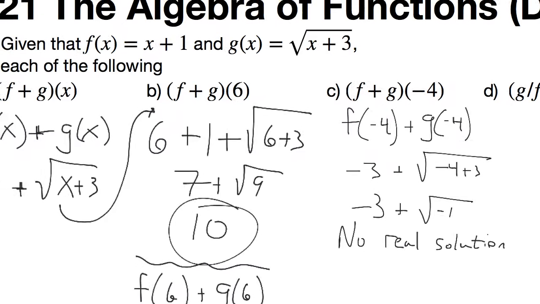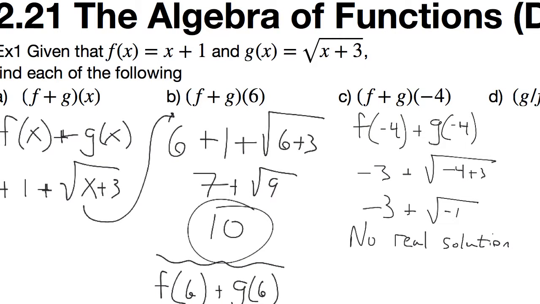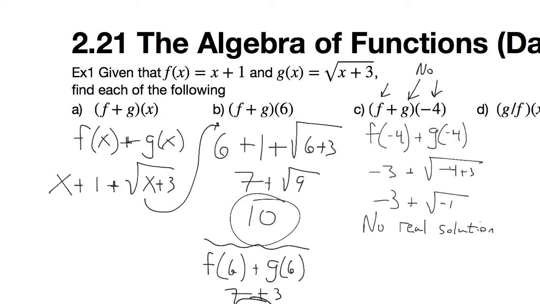Notice that in order for it to work, the value that you give has to be in the domain of both f, which it was, and g, which it wasn't. You can't take g of negative 4, so therefore you can't take (f plus g) of negative 4.